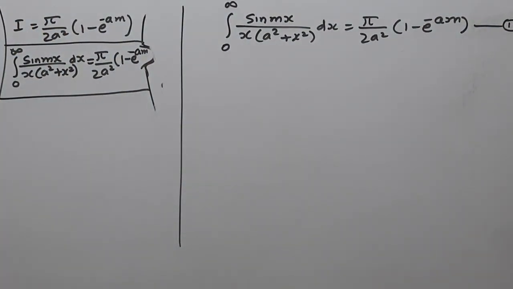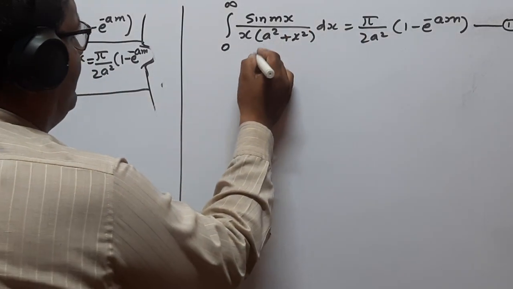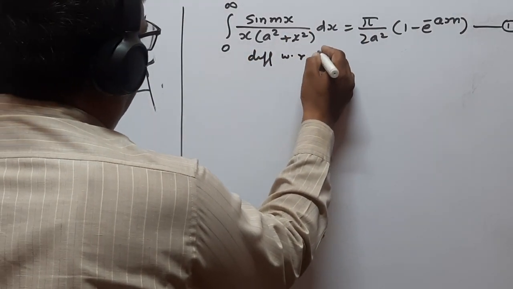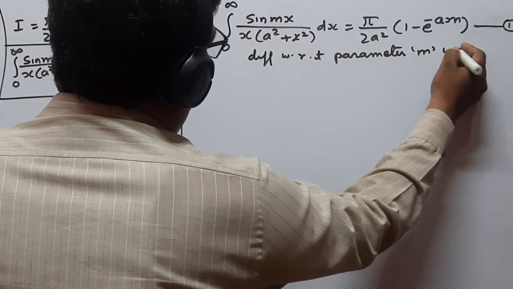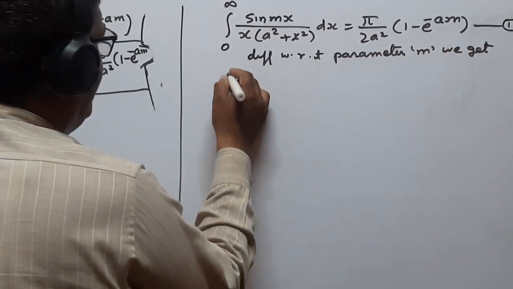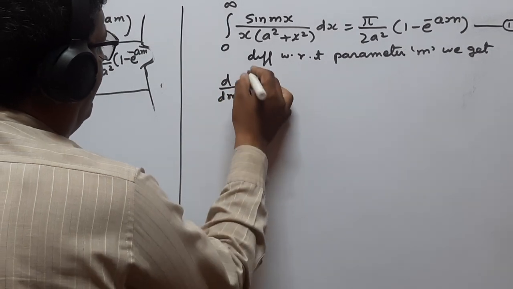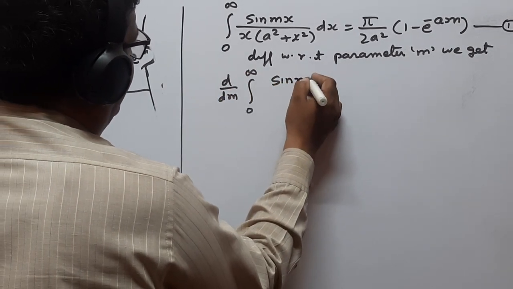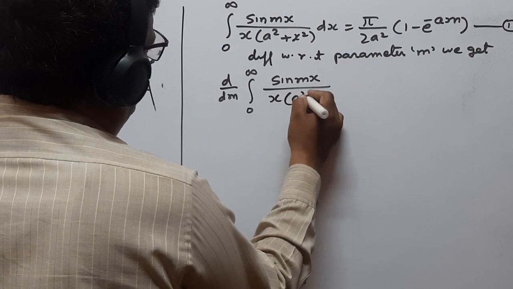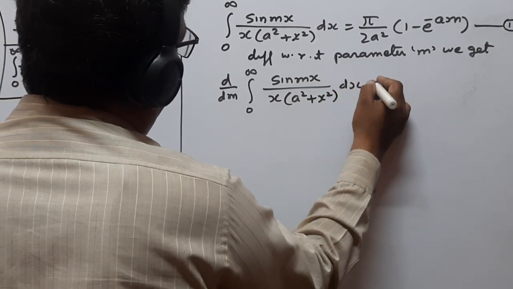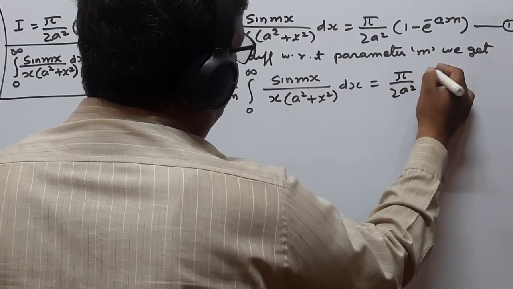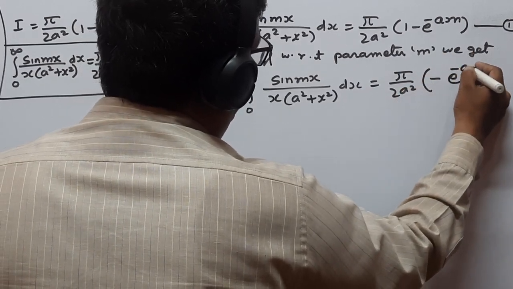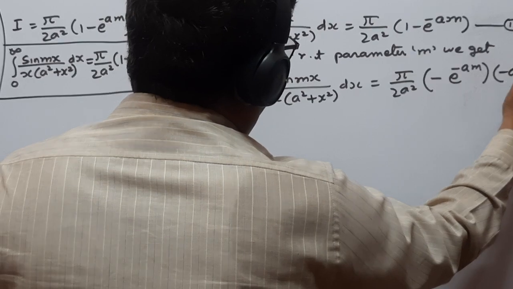Now we differentiate this with respect to the parameter m, we get d by dm of the integral of sin mx divided by x multiplied by a square plus x square dx. On the right hand side, when we differentiate, we get minus e to the power minus am and minus a.